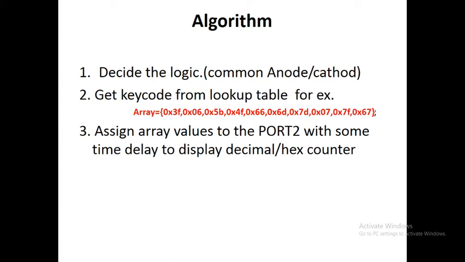According to that I create the lookup table. Then I assign values one by one from that lookup table and pass them to port 2 with some delay to see that number on the 7 segment display. These are the basic steps of the algorithm to achieve the final problem statement.